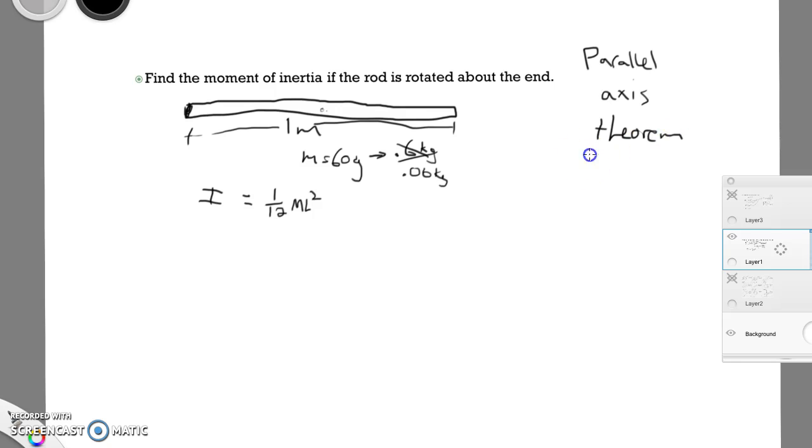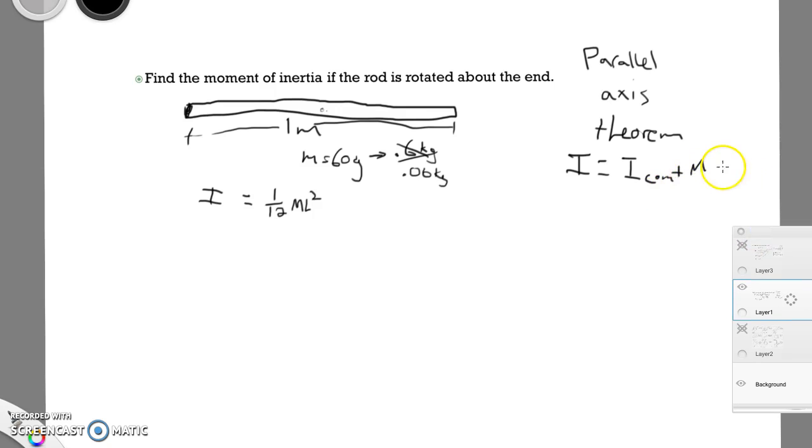It works like this: the moment of inertia of something is equal to the moment of inertia about its center of mass plus the mass of the object times however far you are away from the center of mass squared. This will give you the moment of inertia for any shape based on its moment of inertia about its center of mass and how far you are from that point.